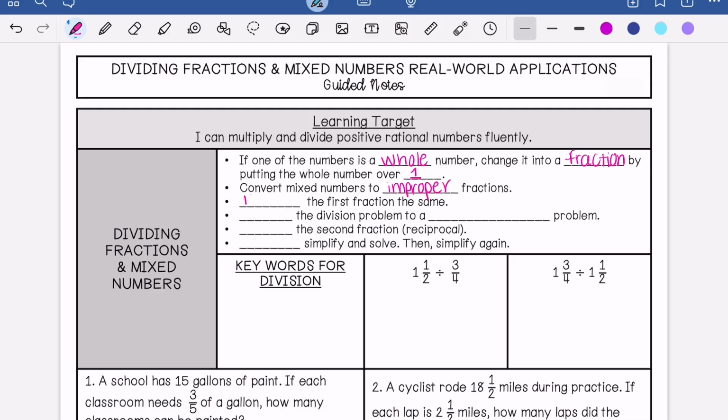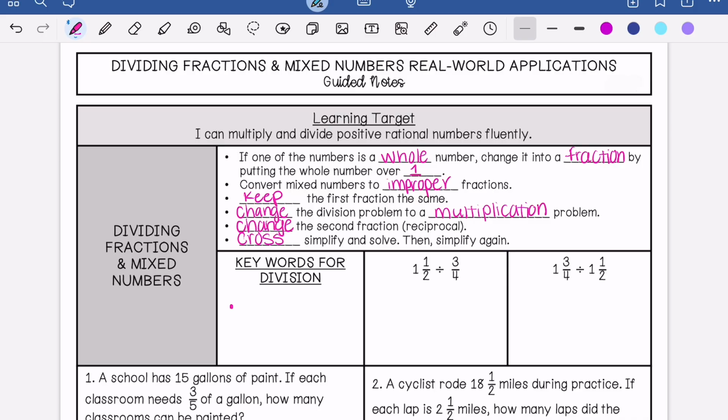You are going to keep the first fraction the same, change the division problem to a multiplication problem, and flip the second fraction, or change the second fraction to its reciprocal by flipping it. And then you are going to cross simplify and solve and then simplify again if needed.